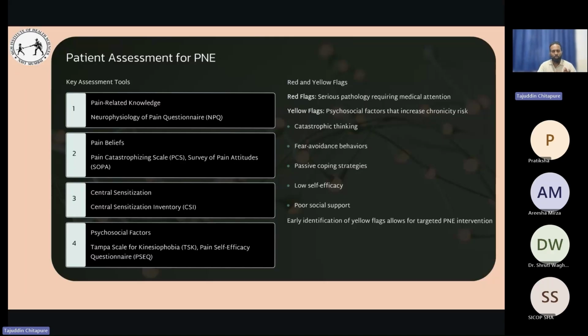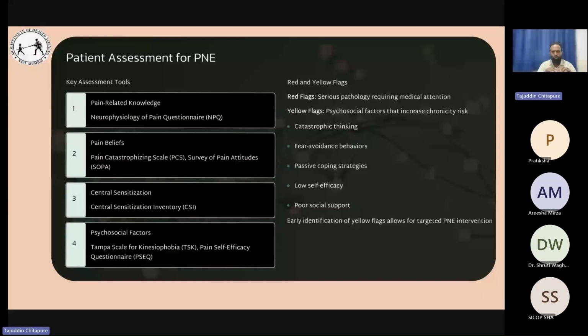These are outcome scales you can use to find out pain beliefs. You can use the Pain Catastrophizing Scale, the Survey of Pain Attitudes, then the Central Sensitization Inventory, which is very commonly used for central pain or chronic pain patients. Psychosocial factors can be identified with the Tampa Scale of Kinesiophobia and the Pain Self-Efficacy Questionnaire.